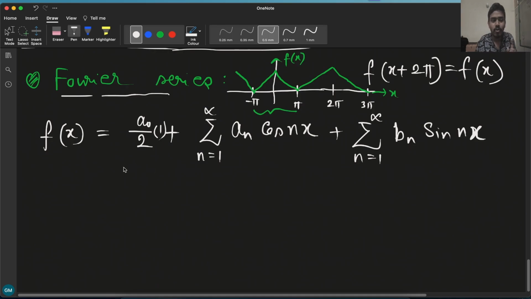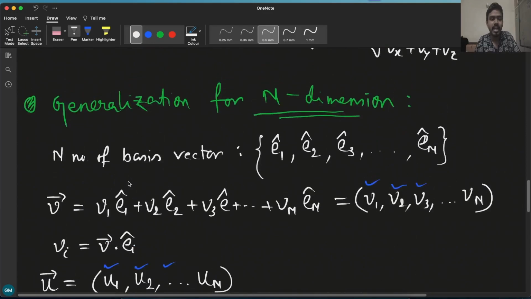Just as any vector v in n dimensions can be written as a linear combination of basis vectors e1, e2, e3, e4, and so on, that means v1 e1 plus v2 e2 plus v3 e3, where v1, v2, v3 are the scalar constants.